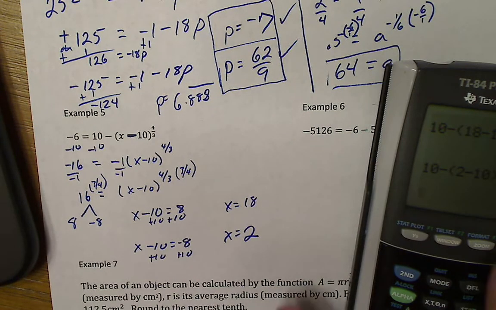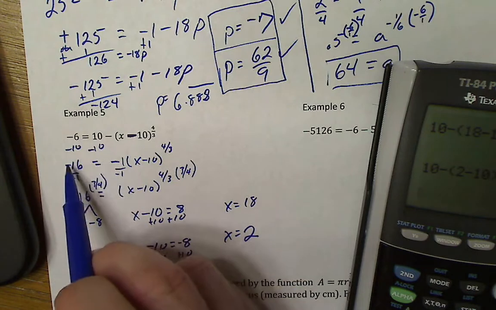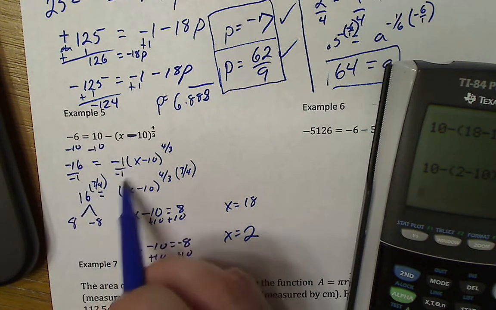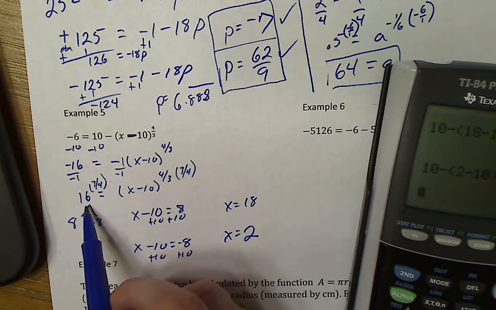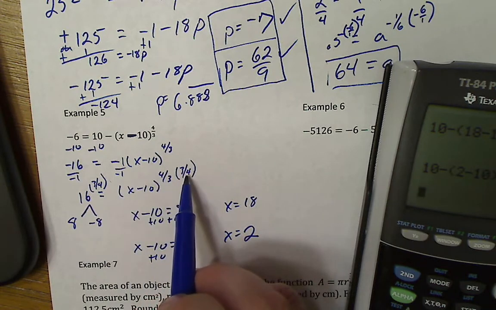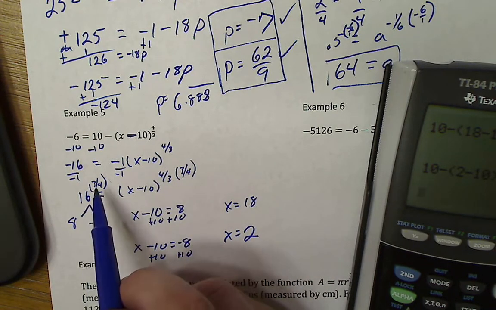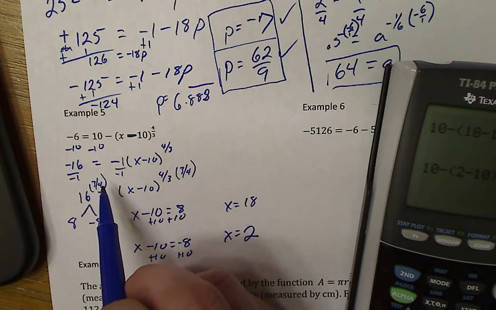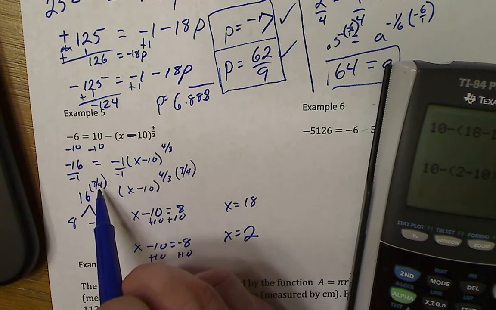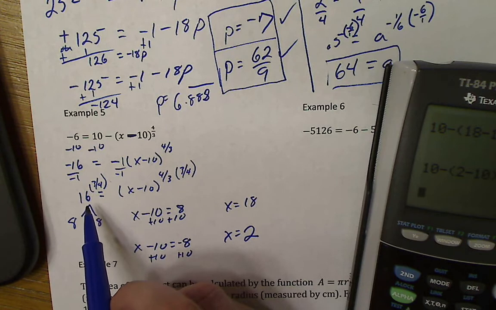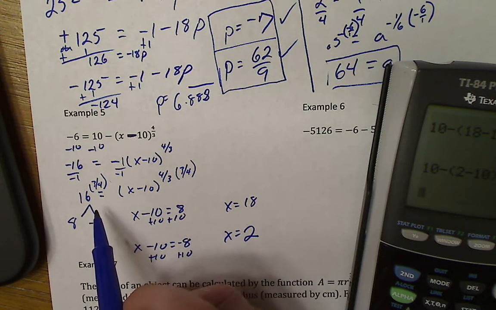Okay, here's number 5. Again, I subtracted 10, get negative 16. Divide by negative 1 to make it a positive 16. Then I take this to the 3/4 power. Because there's an even root, the 4th root, I have to make sure to get two numbers, which becomes 8, in this case, and negative 8.